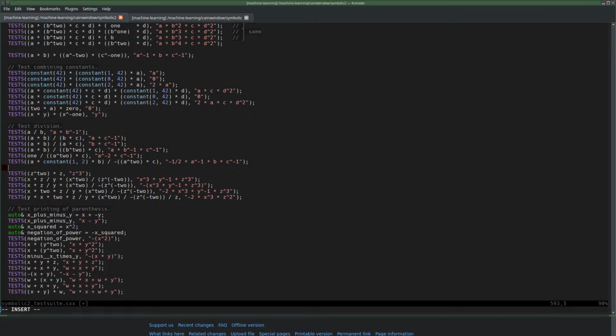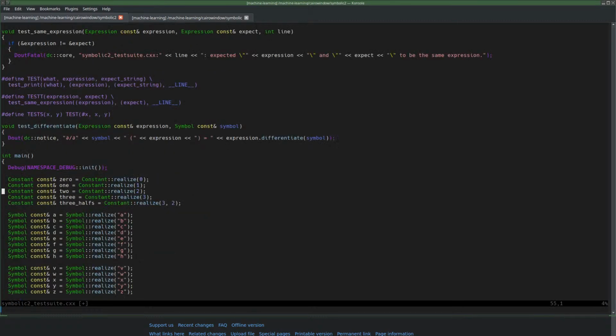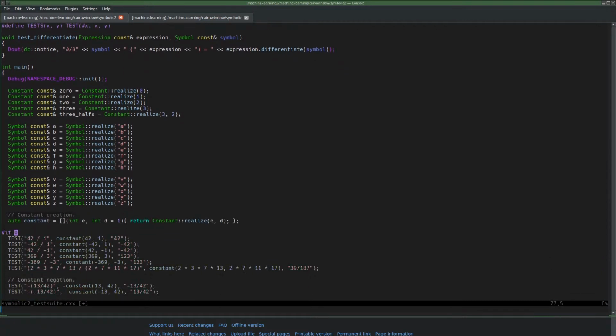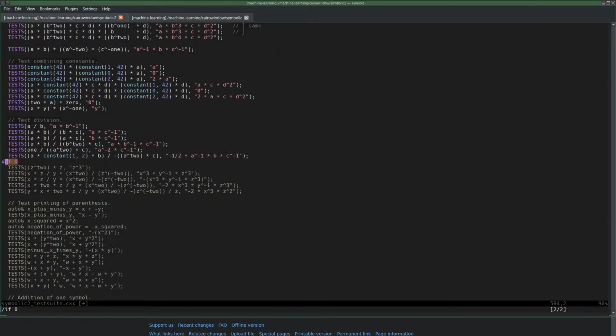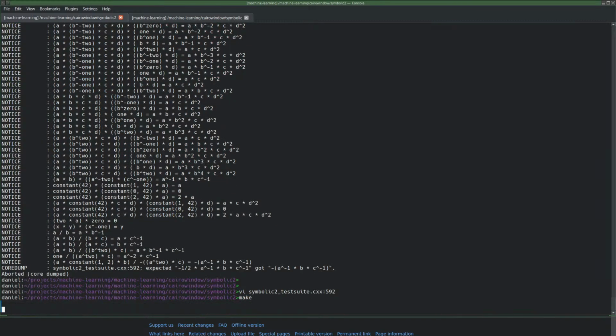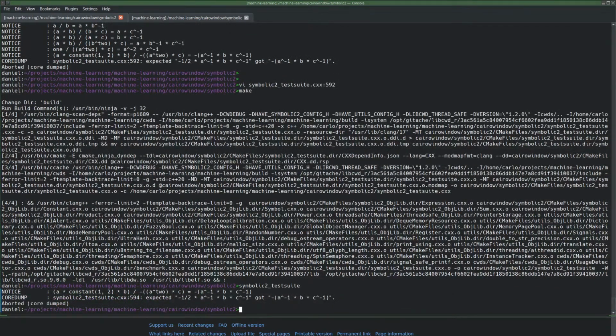This test. And then add a lot of debug outputs. Before I do that, I'm going to commit this.